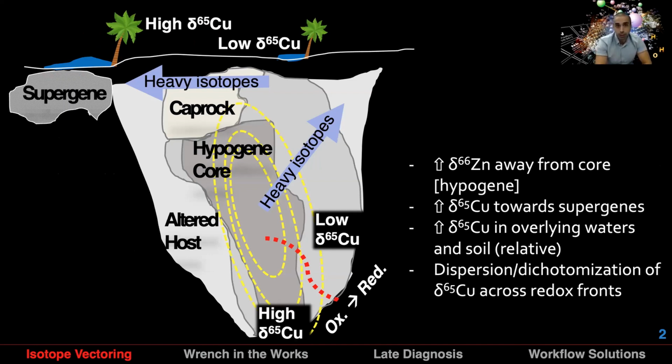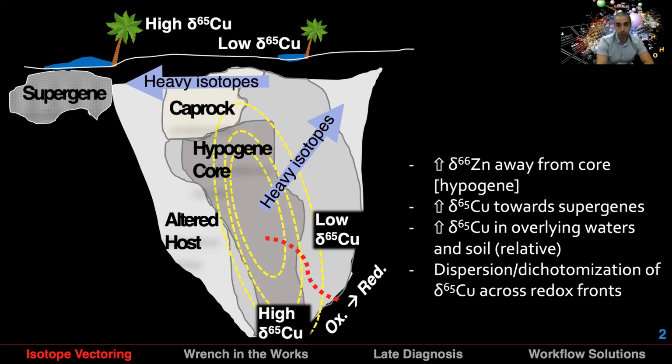We've seen a lot of this, and a lot of this work has been done with copper and zinc, so I'm just summarizing some of that work. What we can see is that oftentimes as you move away from the cores or the high-grade, hypogene ores, at least, you'll tend to get enriched in the heavier isotopes of something like zinc and copper.